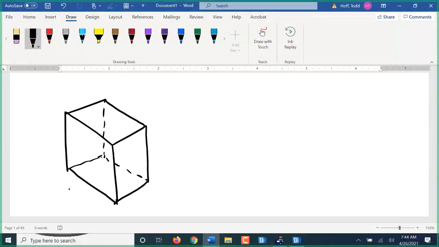Let's say I have a box like this, 1.3 inches, 0.7 inches, 2.1 inches. Find the distance from that corner to that corner.